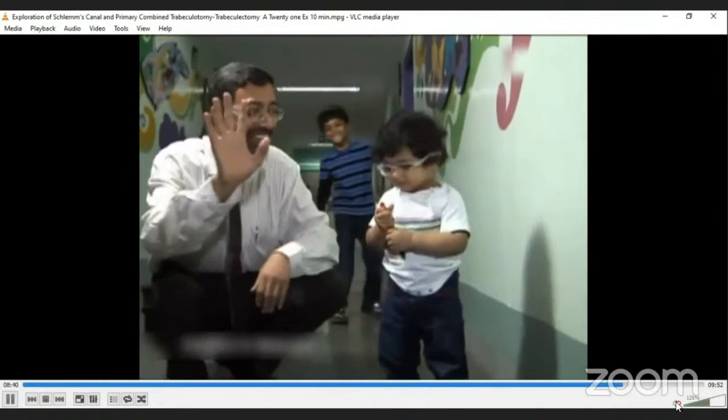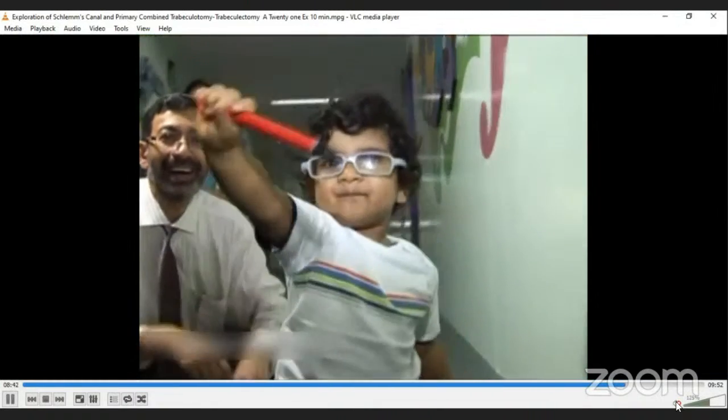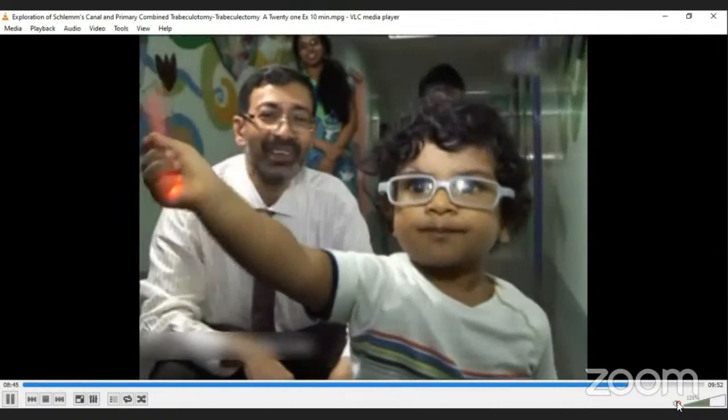Just see, this child was operated for congenital glaucoma. Just observe the behavior of the child.